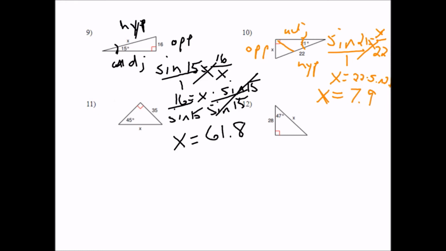Okay, moving along. Number 11, 45 degrees. This is the hypotenuse. This is opposite, adjacent.